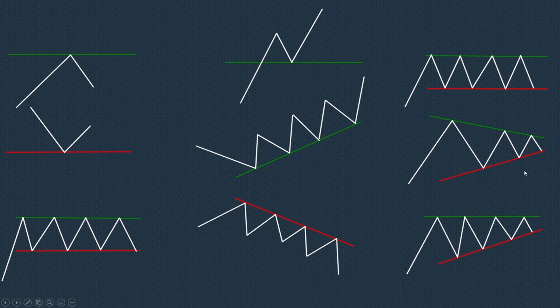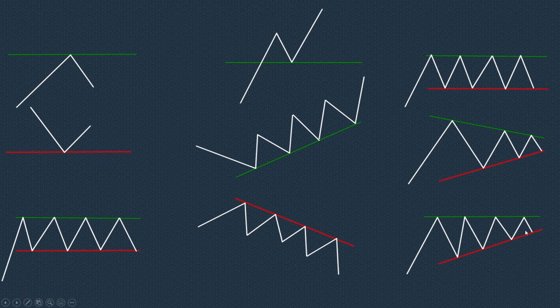Okay, here we go into the next one, the so-called triangle with a pressure line. It's formed from a dynamic support, as we can see here, and a bunch of maximums which form a horizontal level. Of course, this level won't be really ideal.